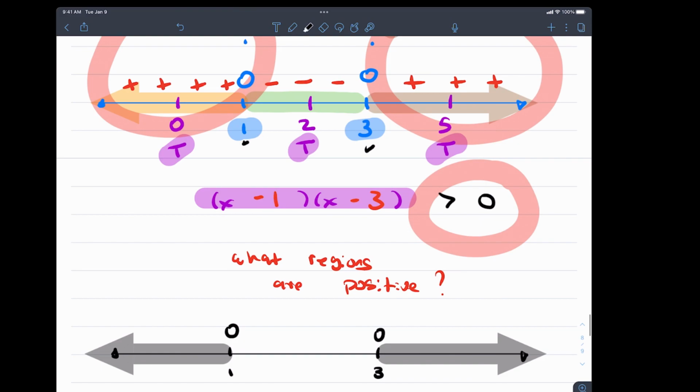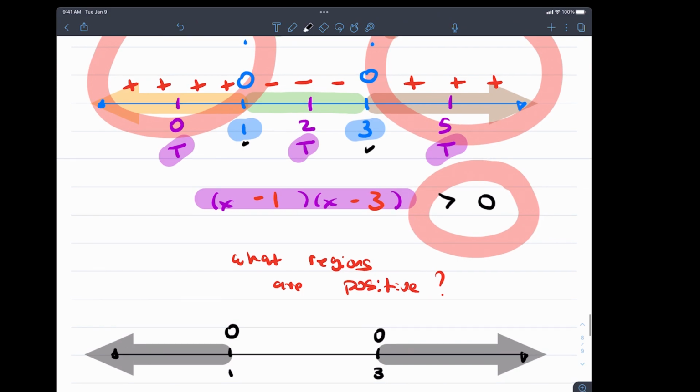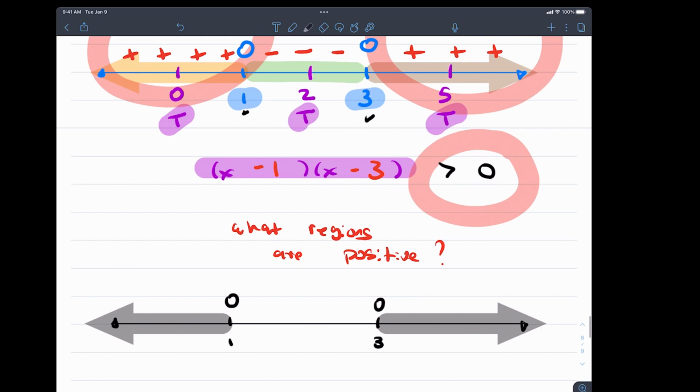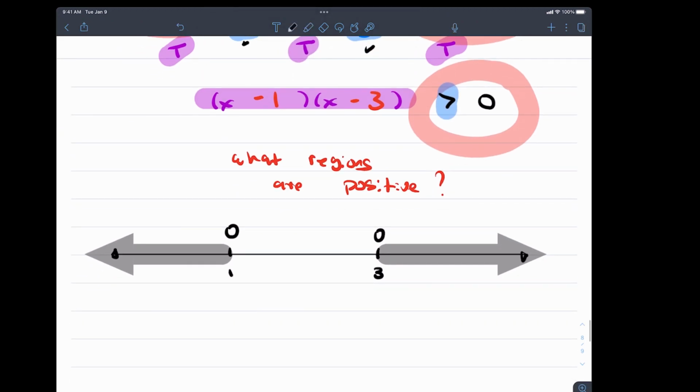You know, at 1, where the product equals 0, is 0 positive or 0 negative or 0 neutral? 0 is neutral. This is strictly a positive sign. That's not or equal to 0. So you must use, I erased that, you have to use a parentheses. That just means don't include the 1.